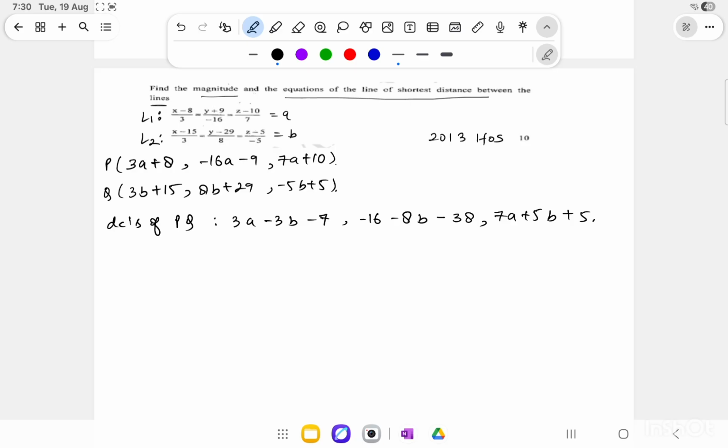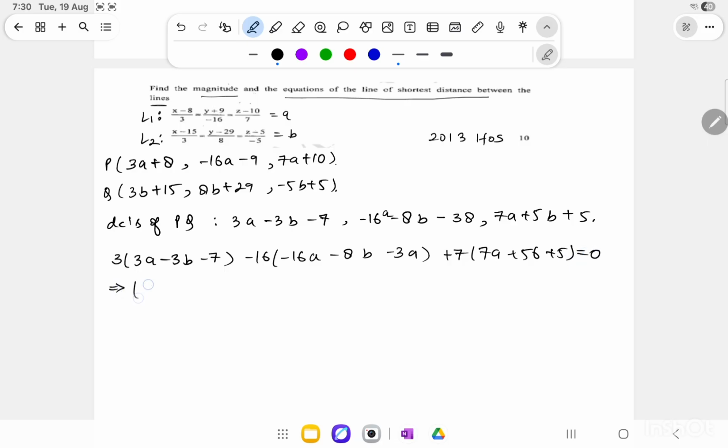So using the result on perpendicularity of two lines, we'll get 3 into 3a minus 3b minus 7, minus 16 into minus 16a minus 8b minus 38, plus 7 into 7a plus 5b plus 5 equals 0.